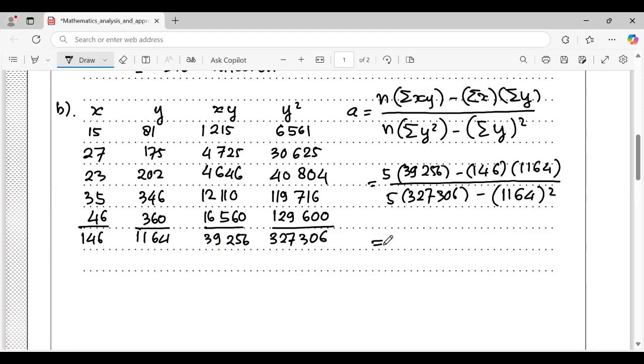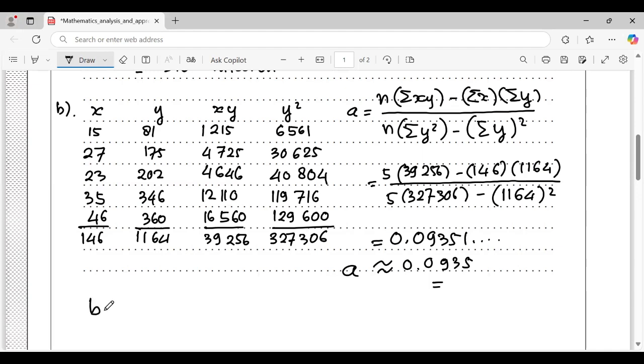And if we calculate, the result is 0.09351, rounded off becomes 0.0935. So this is a.